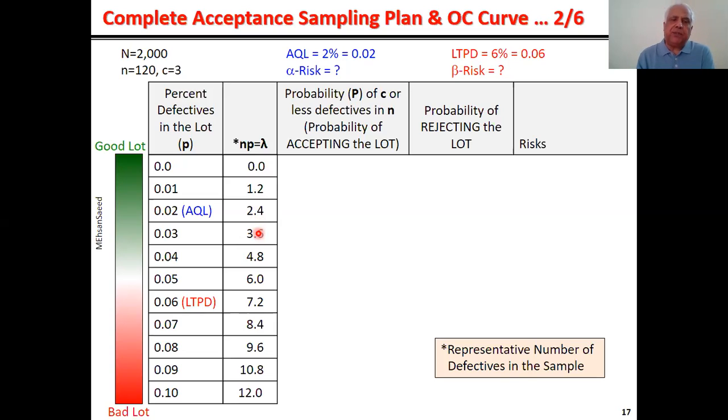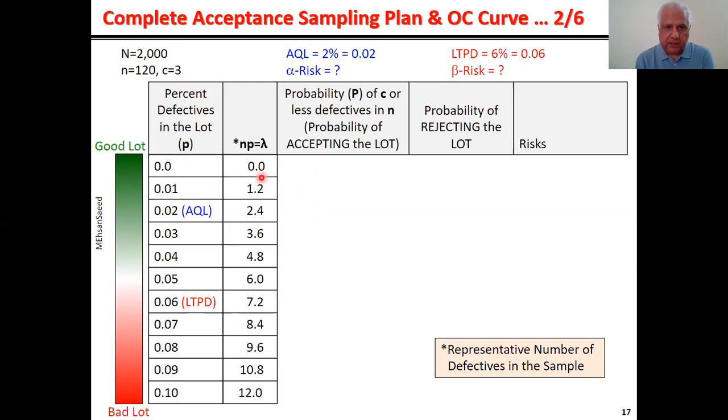Okay, the next step is to enter the Poisson tables with these values of lambda and look for the column header C equal to 3, and find the probabilities and list those probabilities over here. So let's now go to the Poisson tables.